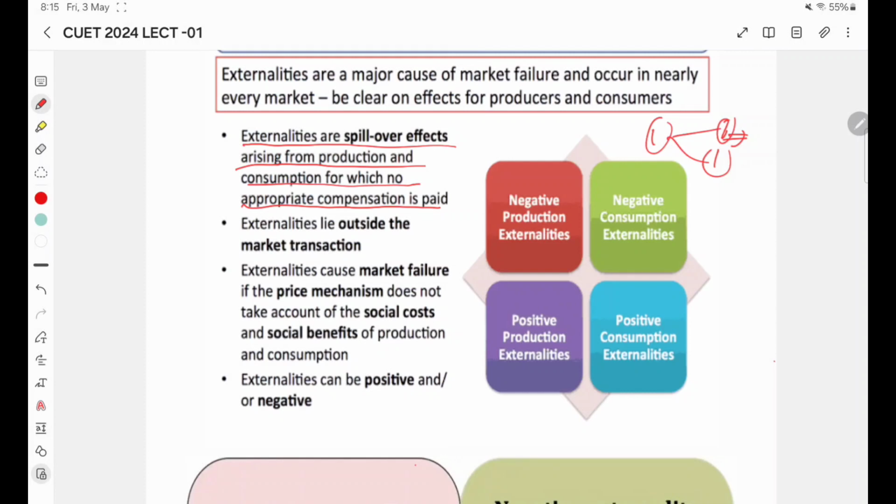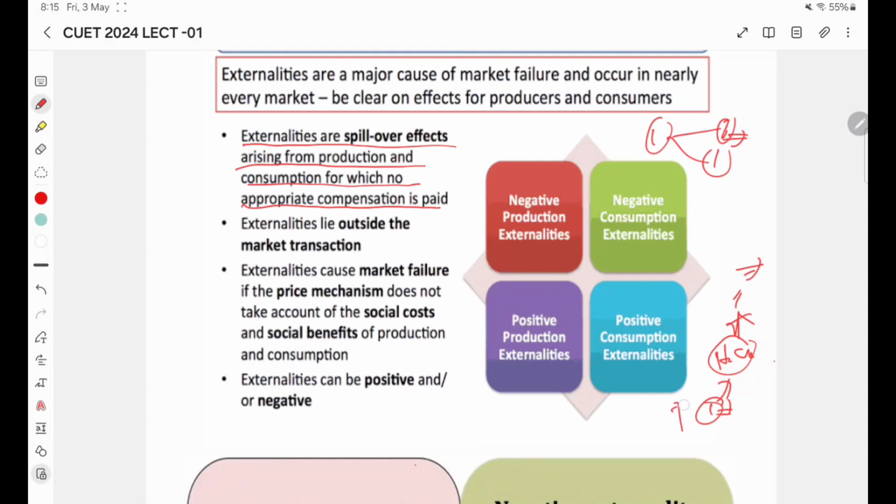For example, a person is using a refrigerator, but the refrigerator is responsible for global warming, because it generates a huge amount of heat, which leads to global warming or climate change, and because of that different types of natural calamities are happening.